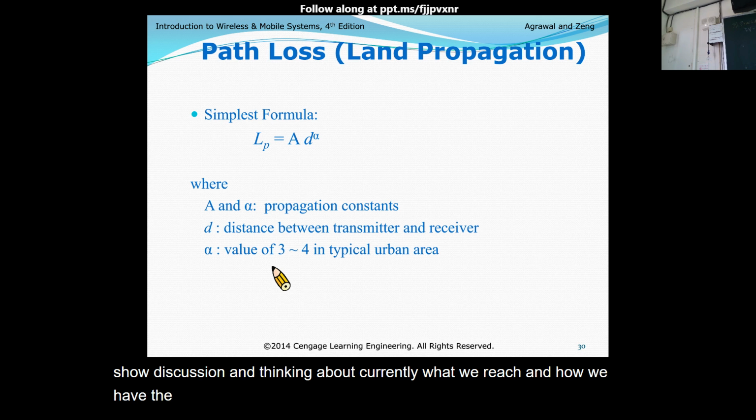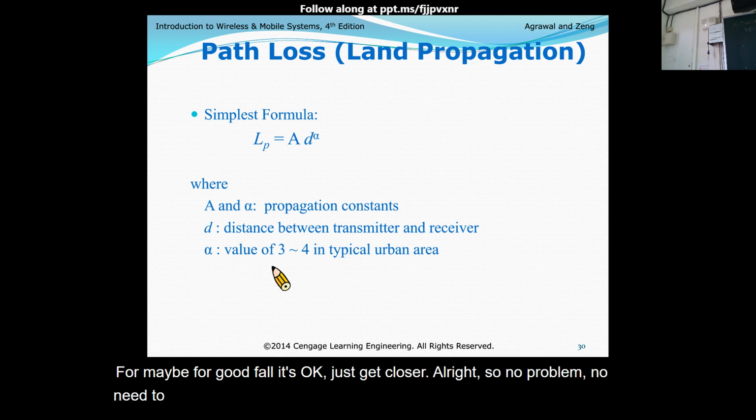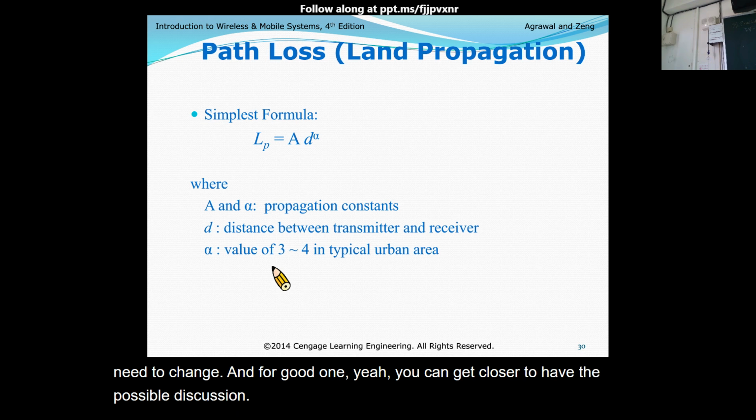All right, so maybe let me check the seats again. For group 4, it's okay, just get closer. All right, so no problem, no need to change. And for group 1, yeah, you can get closer to have the discussion. And for Jen, your name is Jen?